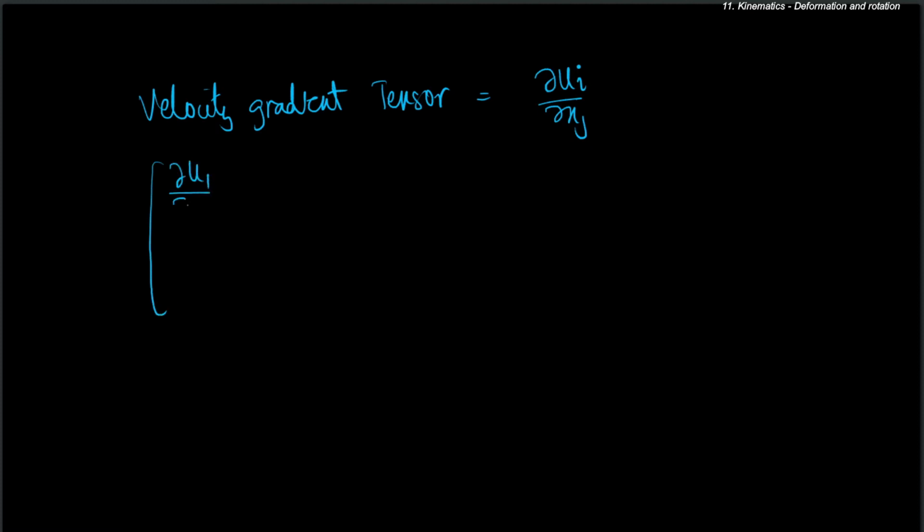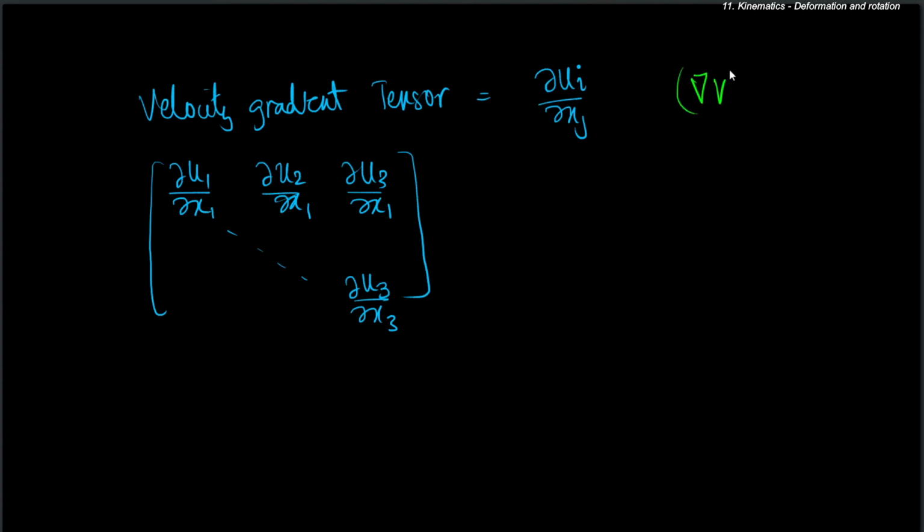So del u1 del x1, del u2 del x1, del u3 del x1, and similarly this component, so last component will be del u3 del x3. Okay, I'll let you fill the other components. So this particular tensor is called as the velocity gradient tensor. In symbolic form it is called as grad v.